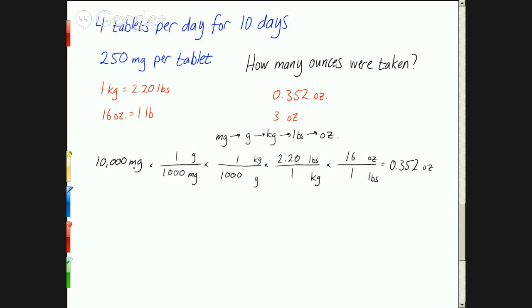The milligrams cancel here, grams cancel here, kilograms, kilograms, pounds, pounds, and we're left with ounces. Okay, so sometimes they get big, but the procedure, the technique is still the same. You set it up, you cancel the units you don't want, you keep the units you do want, and then you've got your answer.